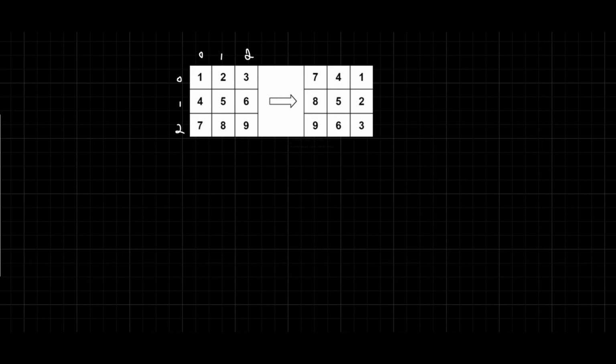Now, what is the algorithm? The algorithm is pretty simple. We have to run a nested loop inside this input array, and we have to swap the element at i, j with the element at j, i.